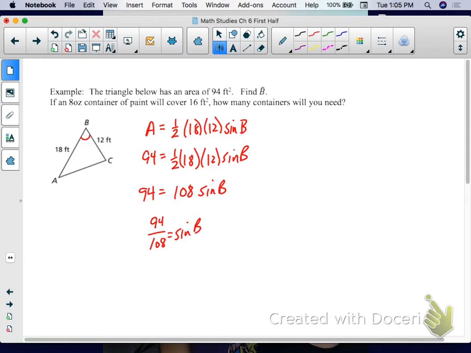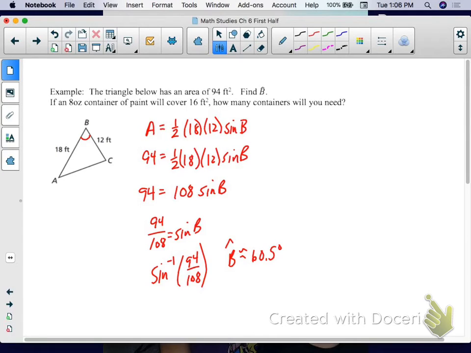Equal sine of B. Make sure you don't subtract, because these are multiplied together, so to get the sine of B by itself, you would divide. I don't need to reduce that. I can just go ahead and in my calculator do an inverse. Remember, anytime you're looking for an angle, you're going to do an inverse, and I get that B is approximately 60.5 degrees.